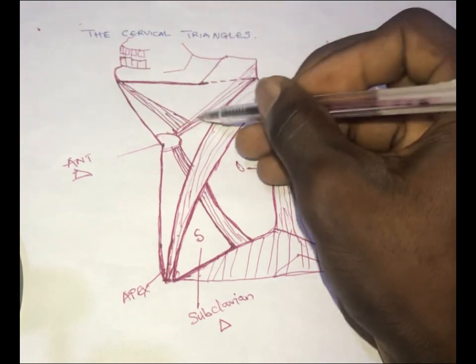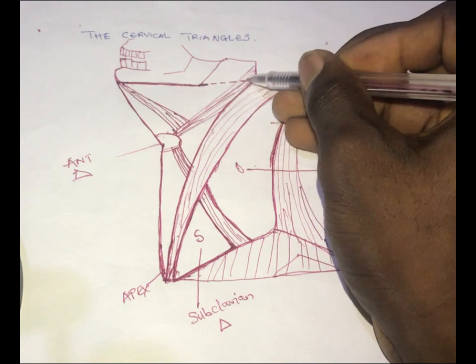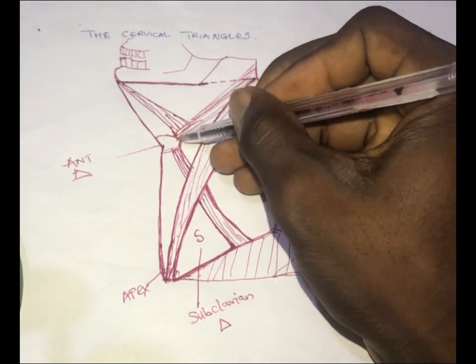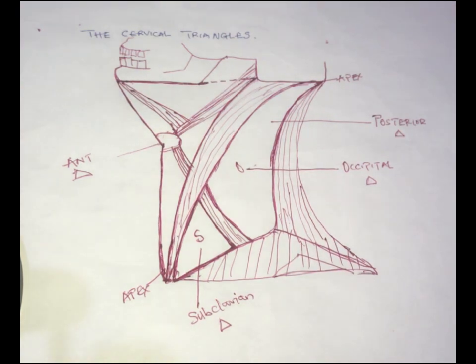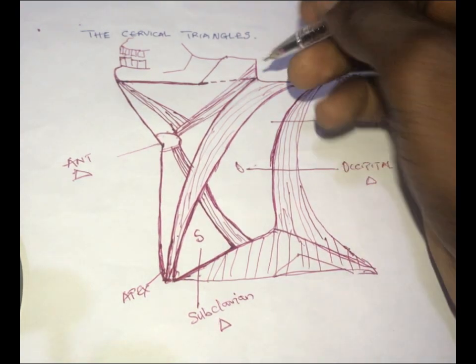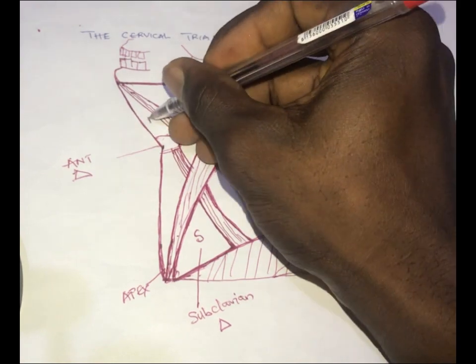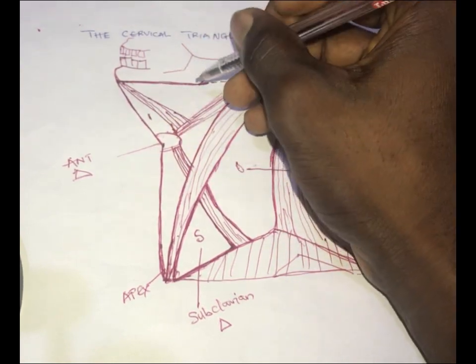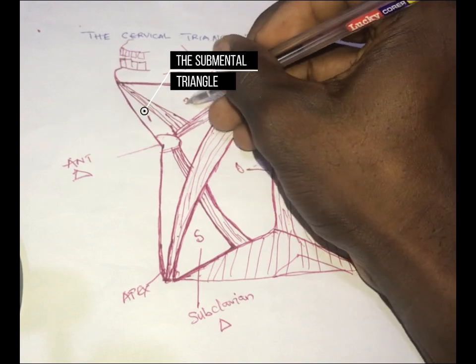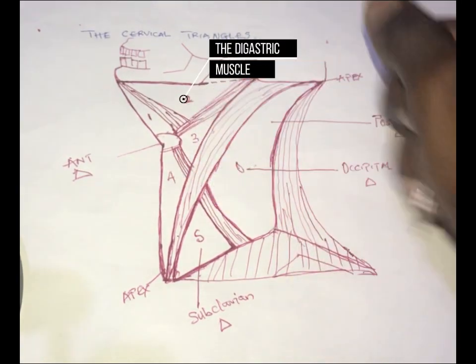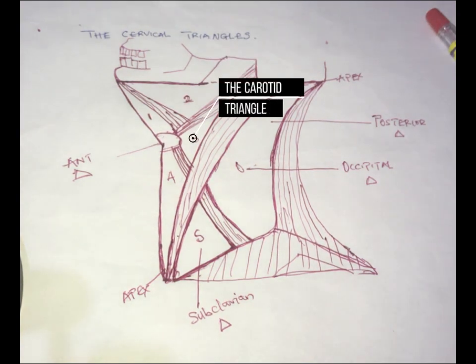The digastric muscles and the superior belly of the omohyoid muscle collectively divide the anterior triangle into 4 smaller triangles, which are: number 1, the submental triangle, the digastric triangle, the carotid triangle, and the muscular triangle.